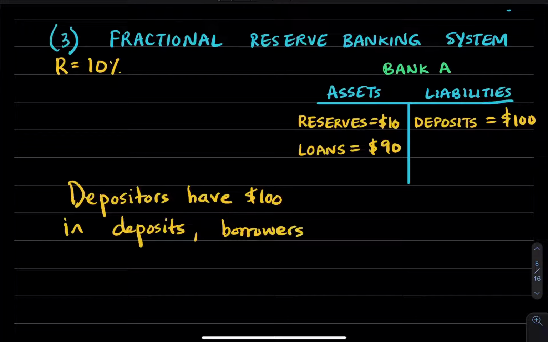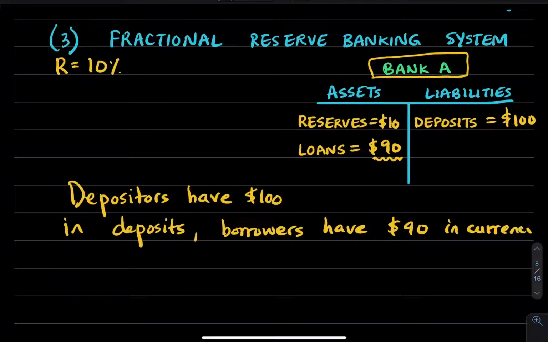Right now, these borrowers, that is to say anybody who took out a loan from this bank, which is Bank A, now has $90 in currency. So borrowers have $90 in currency. So there's sort of a cycle that you can see here.